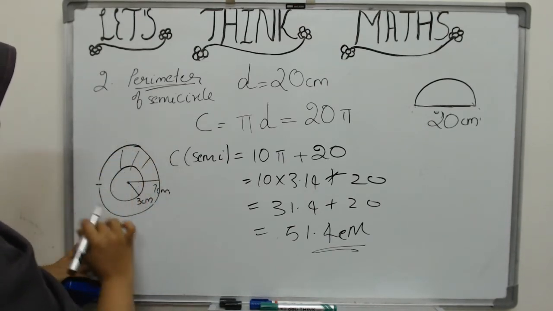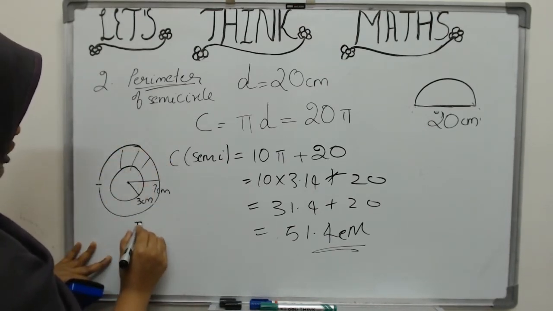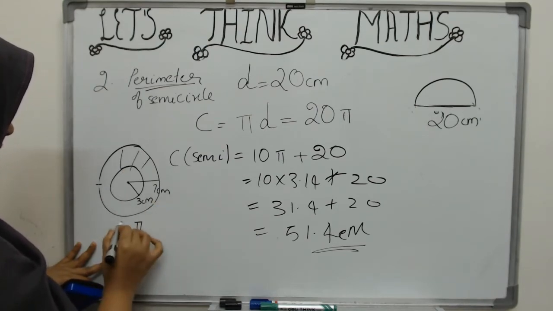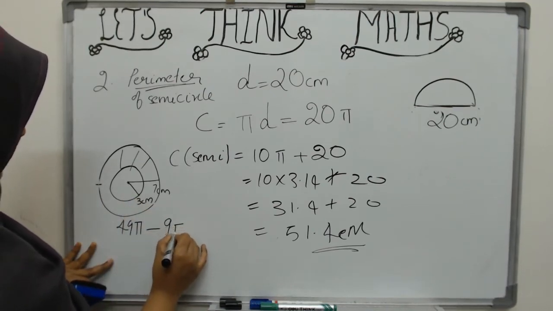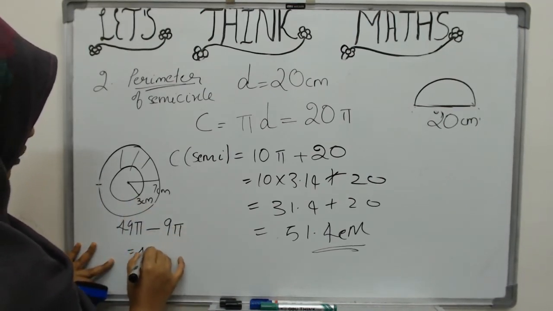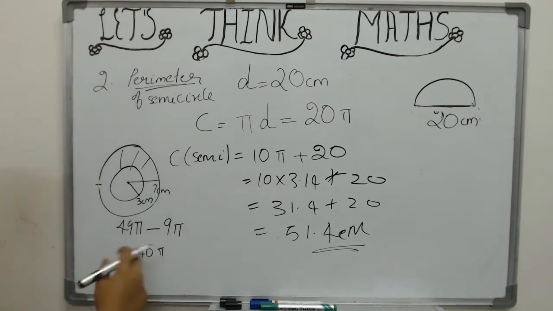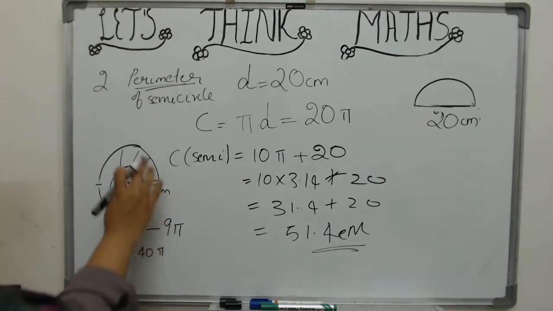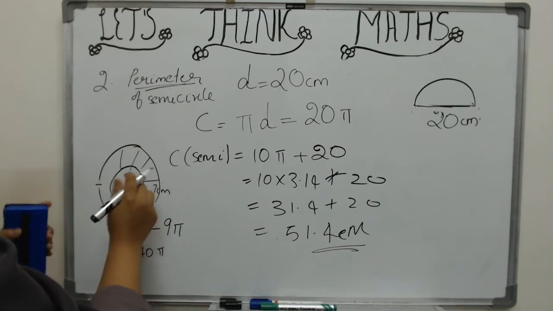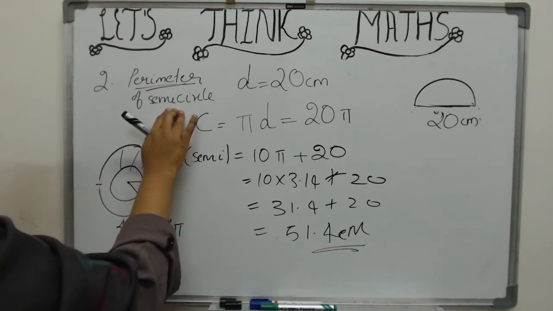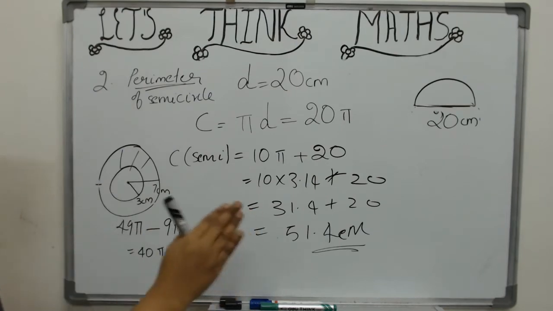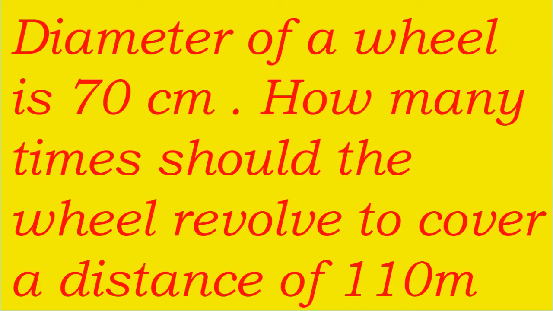It will be the area of the bigger circle, which is pi r square, which is 49 pi, minus this pi r square, which is 9 pi. So the answer will be 40 pi. You just have to substitute pi equal to 3.14. So the difference in the area comes only when you cut something out. When the semicircle comes, you just have to divide it by 2 and you will get the answer.